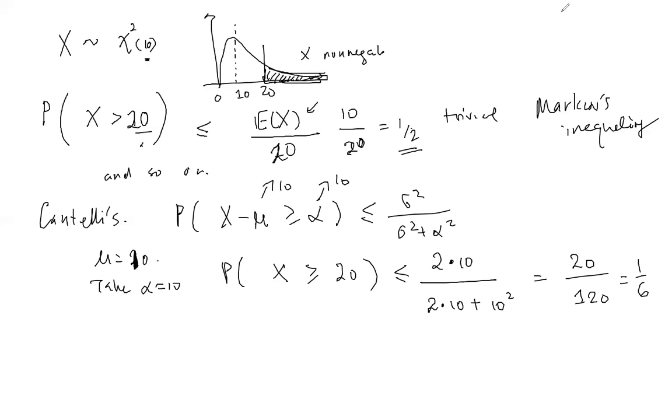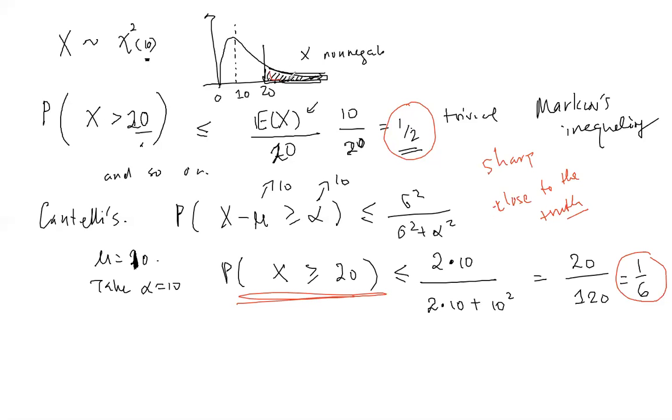Right? Now you can compare these two bounds. Which is sharper? Sharp in this case means tight, right? That means it's close to the truth. Of course, this probability has a value, right? It's basically the area under the curve. This is basically a bound, so if a bound is sharp, that means it is closer to the truth.